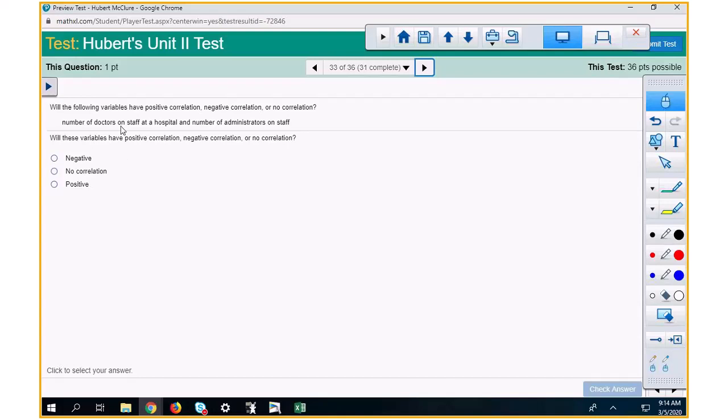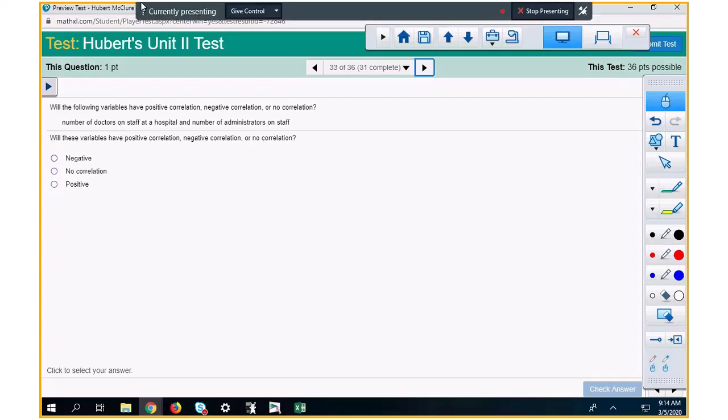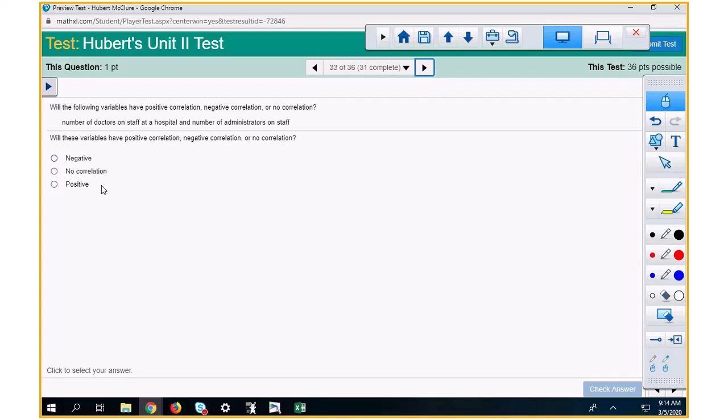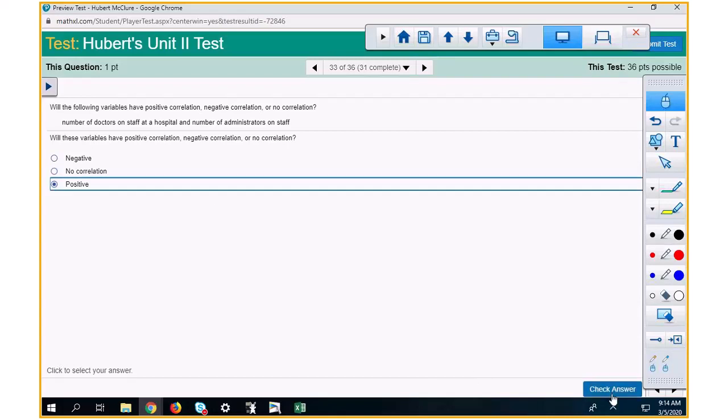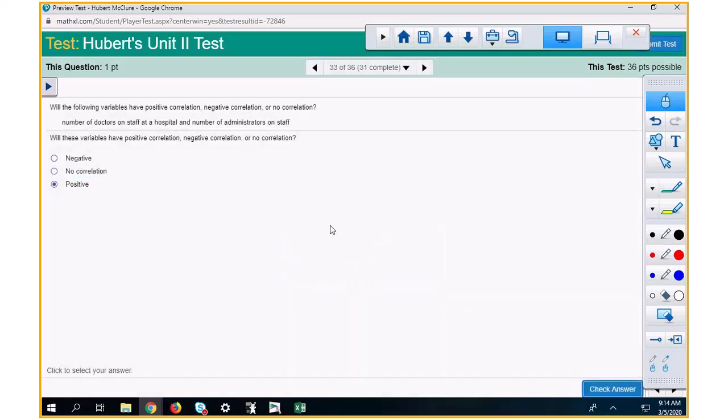For the number of staff you have, what should the administrators be? There should be a positive correlation. But in real life, it doesn't work that way, but it should be positive. A good one with this one is the weight of the vehicle with what? Gas mileage. That's a negative correlation because it goes downhill.